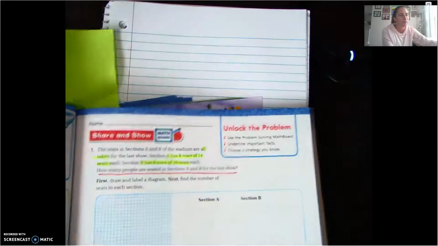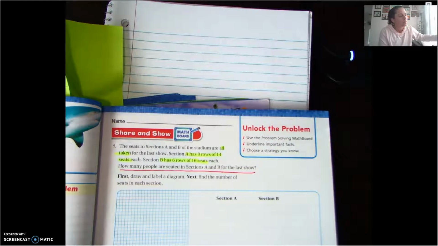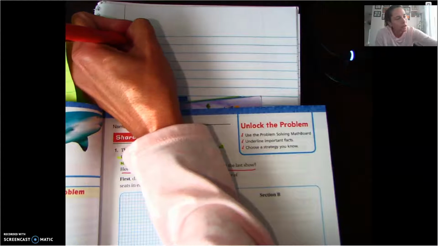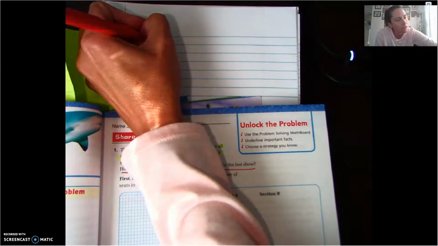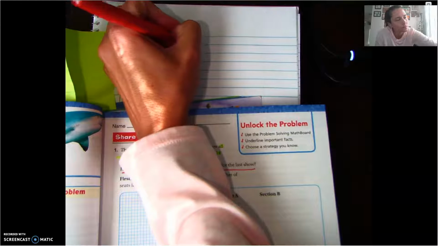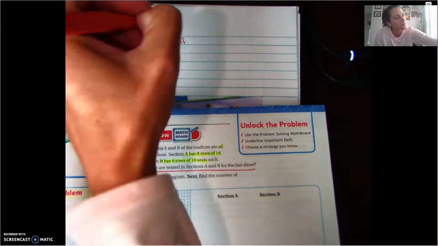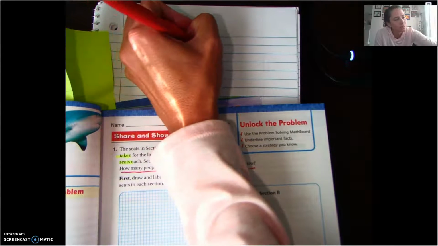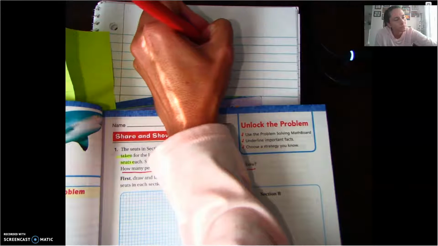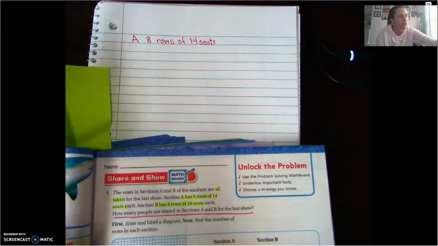So I'm going to come to my paper, and right now, A has 8 rows of 14 seats. And then I'm going to skip some lines so I can show my work there.